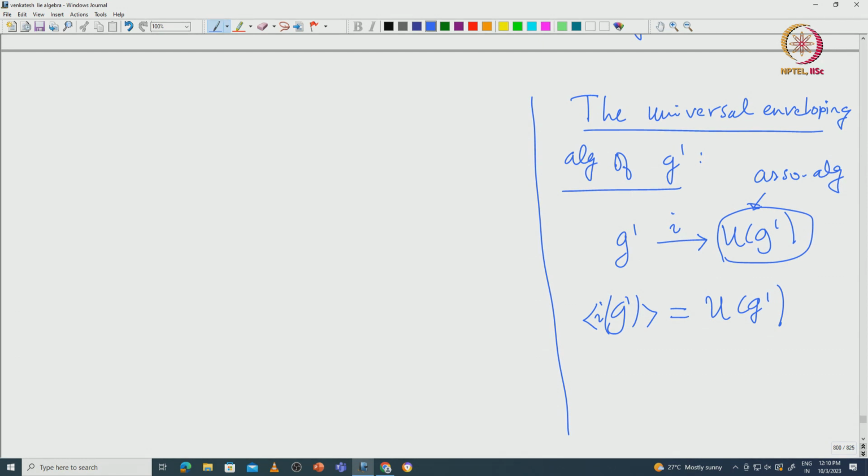Then the image of g dash generates Ug dash as an associative algebra.